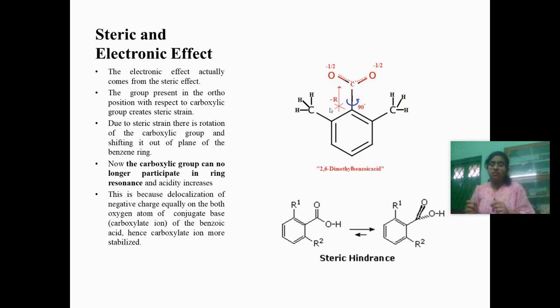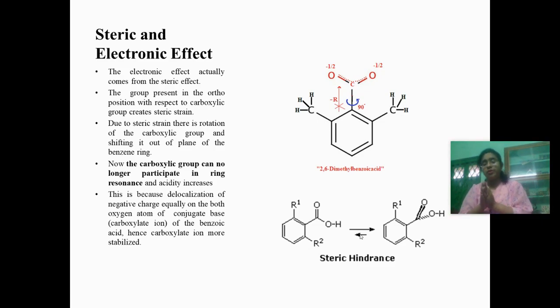This is the reason for the higher acidity due to the ortho effect. And similarly, you can see the picture below. Here you can see that before, it was in the same plane. Now it can move out of the plane, and the out-of-plane structure is favored. This is an equilibrium, but in this equilibrium the upper structure is more, the lower is less.